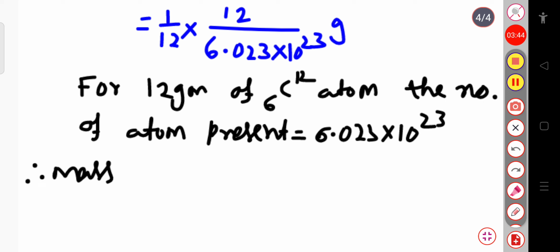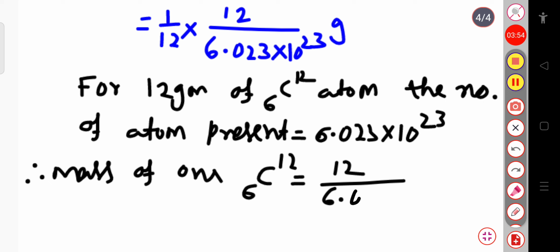Therefore the mass of one carbon atom, that is one 6C12, will be equal to simply 12 divided by 6.023 into 10 power 23.